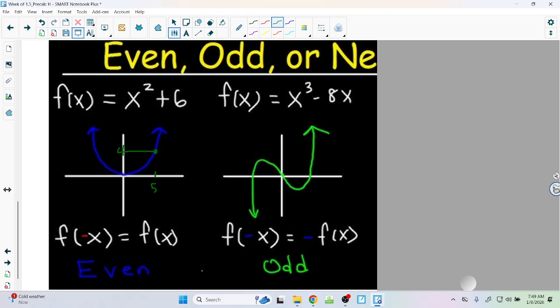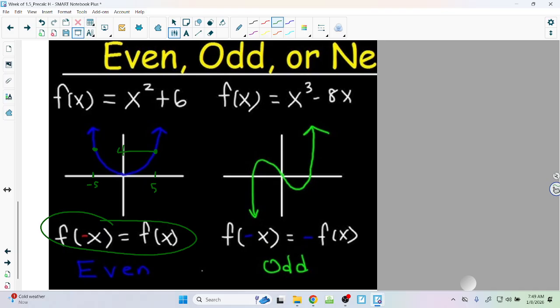You know it. You can say it. 4, that's right. So if 5 goes to 4, then also negative 5 would go to 4. It's saying if you make the x negative, you're going to get the same answer, right? So if x was 7 and y was 2, then negative 7 would also go to 2, right? That's all that even is.